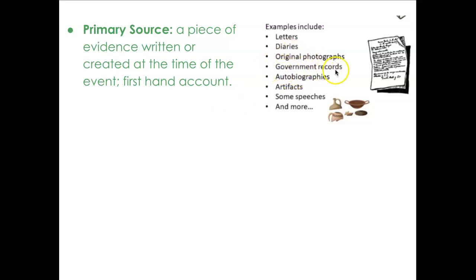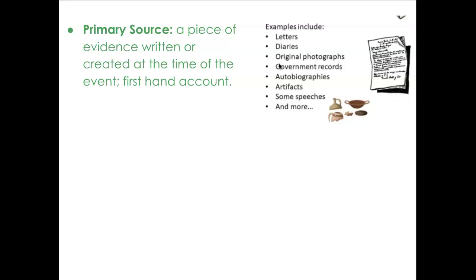So a government record, for example, my birth certificate would be a primary source because in it you would find a lot of factual information around my birth, right? It would have my parents' names, the hospital, the time, how much I weighed, how long I measured in inches.